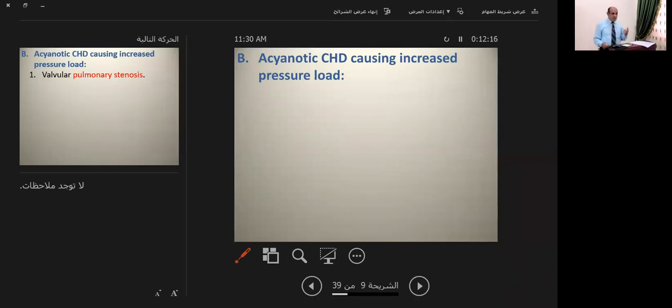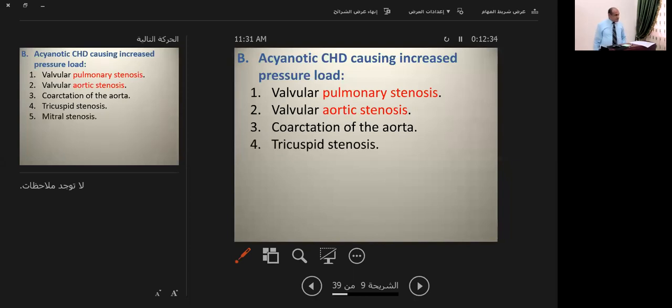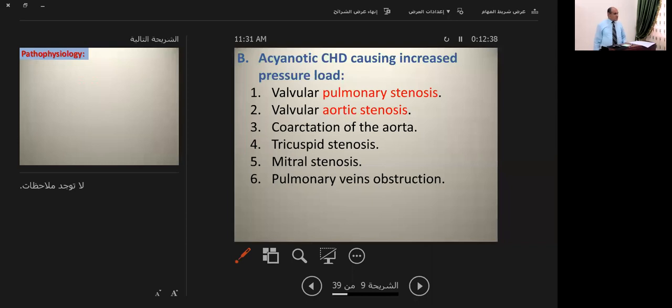We have other acyanotic congenital heart diseases which cause increased pressure load. Before, we had increased volume load on the heart; here we have increased pressure load on the heart. These include valvular pulmonary stenosis, aortic stenosis, coarctation of aorta, tricuspid stenosis, mitral stenosis, and pulmonary venous obstruction.